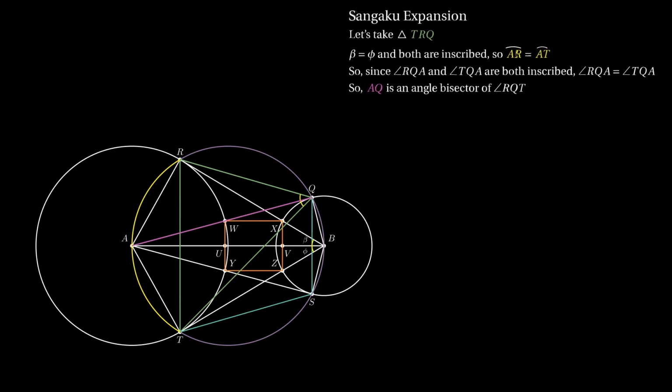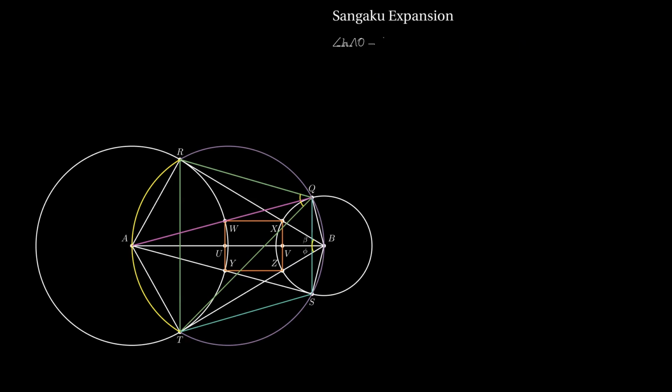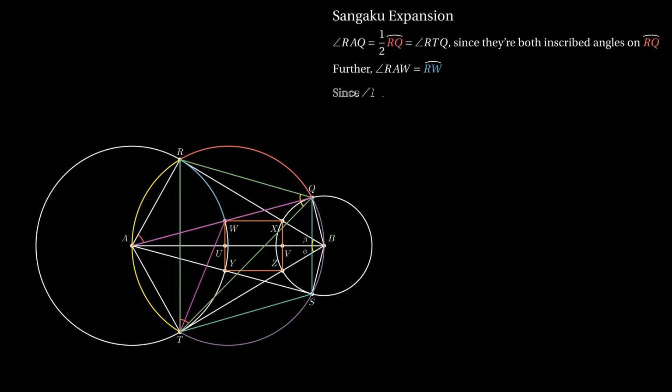Now, angle RAQ is equal to 1/2 arc RQ, which is equal to angle RTQ, since they're both inscribed angles on arc RQ. Further, RAW is equal to arc RW, and since angle RTW is inscribed, angle RTW is 1/2 of arc RW, which is 1/2 of the angle RAW.